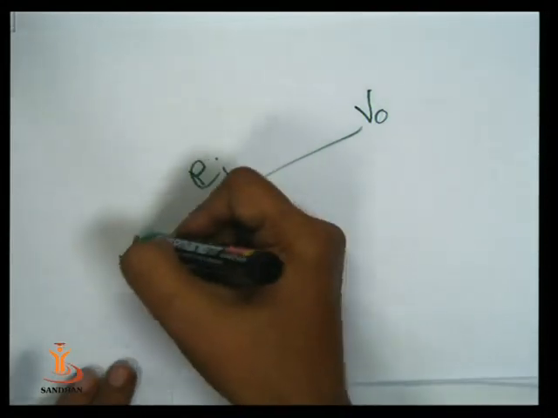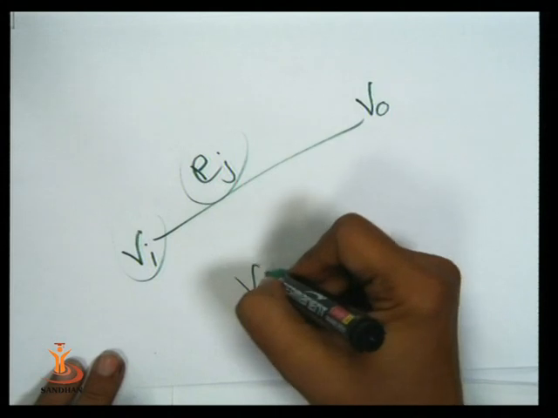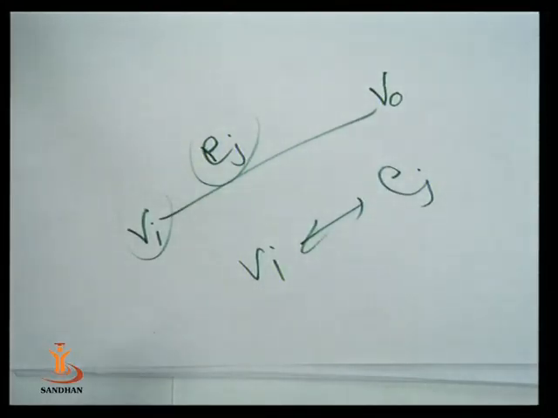When a vertex Vi is an end vertex of some edge Ej, then Vi and Ej are incident to each other. Vi is incident to edge Ej and edge Ej is incident to vertex Vi.